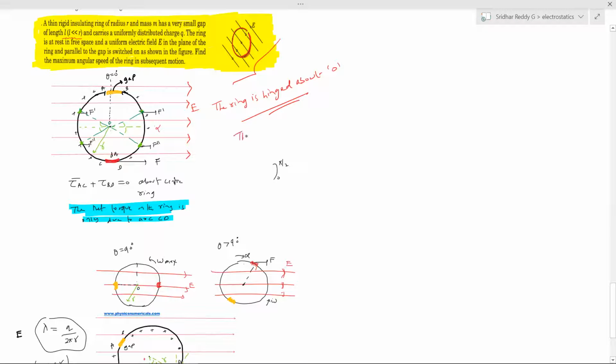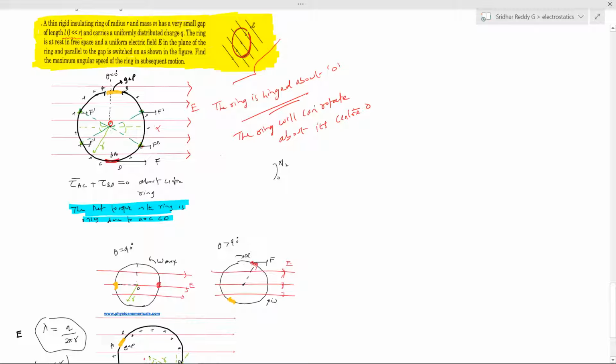The ring can rotate about point O, about its center. Okay, fine. So that O is what? Let me indicate here. Now theta equals 0. This vertical line is theta equals 0 degree, I'll define.